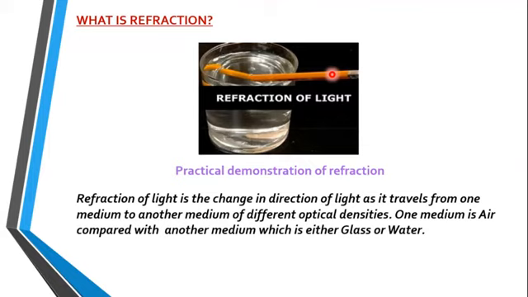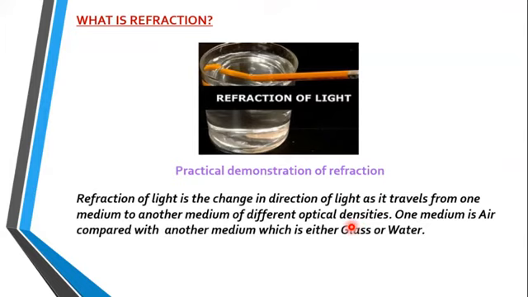In this definition, we'll note the first expression, change in direction of light. Why? The change takes place as the light travels from one medium, which could be air or glass, to another medium, which could be air or glass or water. And these two media are of different optical densities.